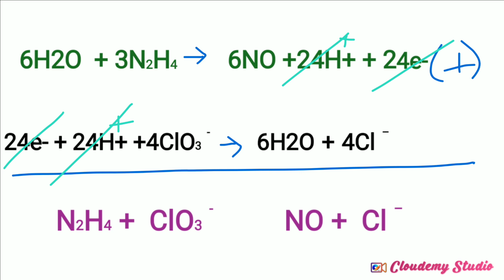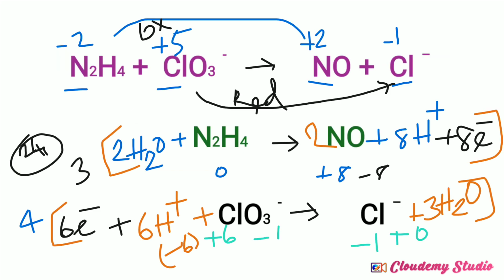Let's check the previous page once again to see whether we have multiplied properly. Four times 6 electrons, 24 electrons. Checking the reduction reaction multiplied by 4: 4 times 6 is 24 hydrogen ions, 4 ClO3 minus, 4 Cl minus, and 4 times 3 is 12 water.